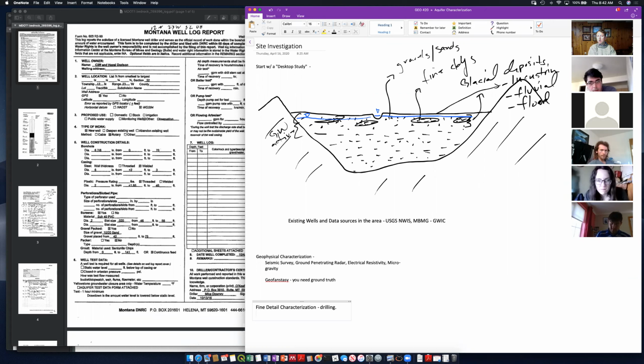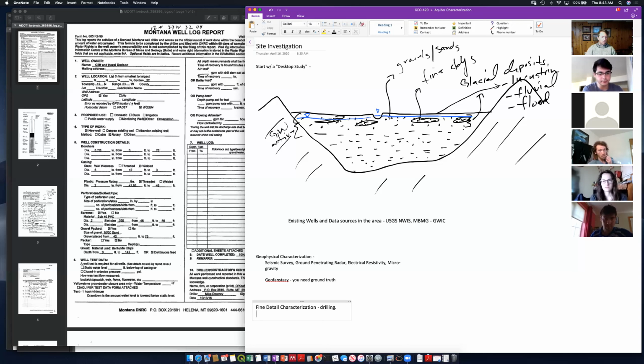All right, so you don't just drill without thinking about where it's going to be and what exactly you need that hole and that well to do for you. So we really need to be smart about where and how many wells we're going to drill. And we do that by building this conceptual model first: doing the desktop study, doing geophysical characterization, and figuring out where exactly we need more information and need to know exactly what's going on.